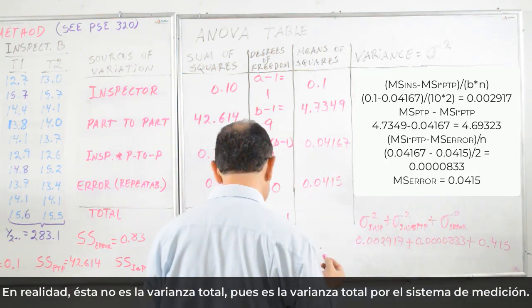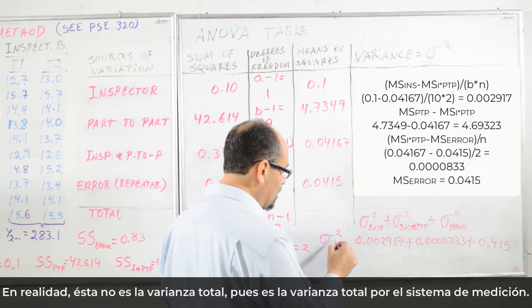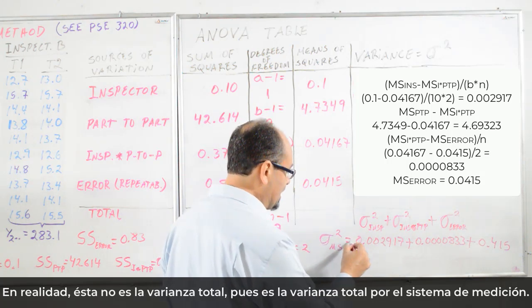Actually, that is not the total variance, but the variance because of the measurement system.